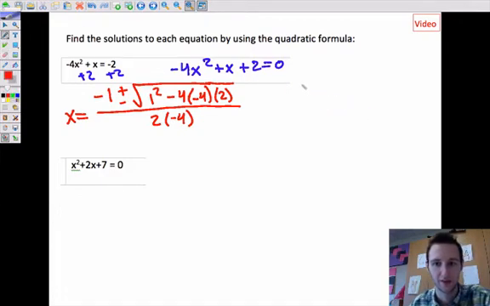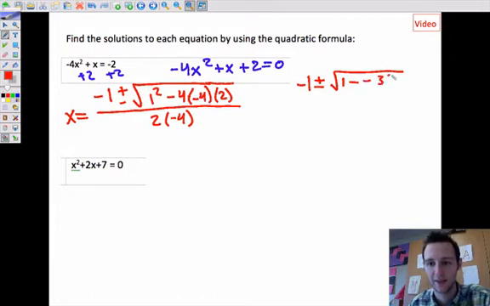So I'm going to go ahead and start simplifying. Negative 1 plus or minus the square root of 1 squared, which is 1, minus 4 times negative 4, which is negative 16, times 2, which is negative 32. So minus negative 32, which is plus positive 32.